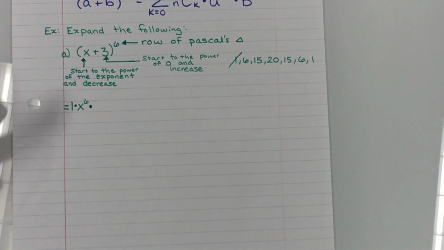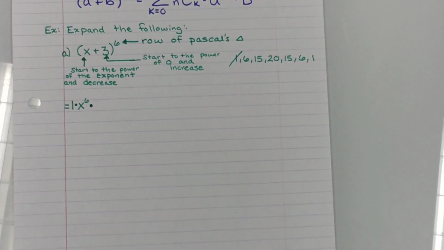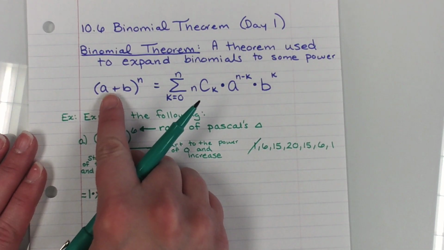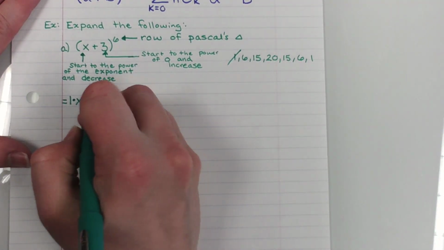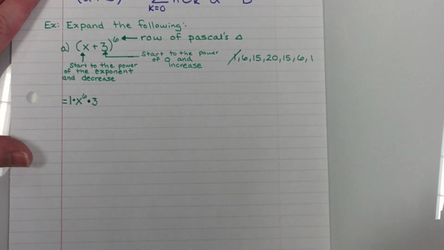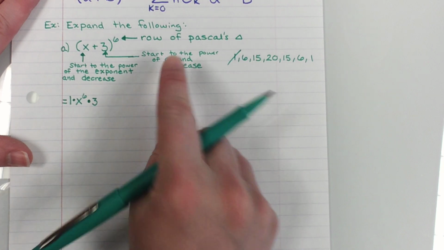The second term is the 3. Now you have to be careful with this. If it was x minus 3, it would be a negative 3. The original formula only works with plus signs, which means if it's a minus sign, you're adding the negative. So you've got to bring that negative with. In this case, it's just 3. And that is to the power of 0 to start.